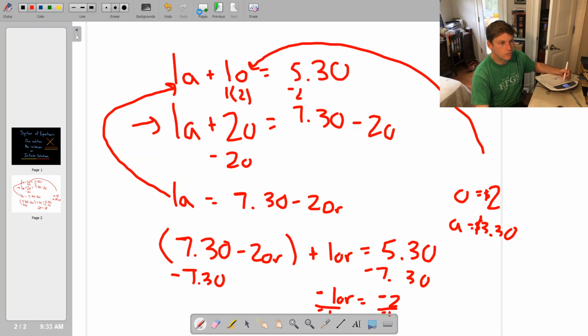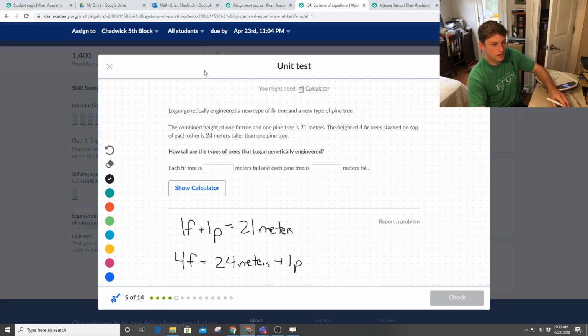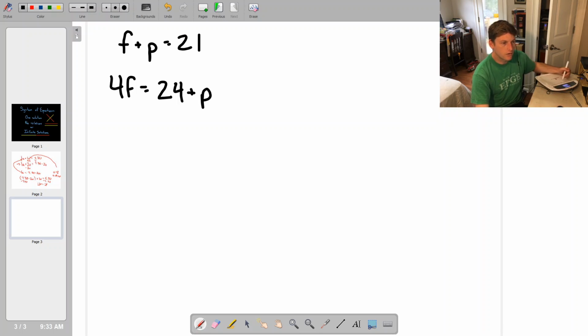So we have fir plus pine equals 21. And then we have 4 fir equals 24 plus pine. Let me make sure I got that right. Okay, now these are our two system equations.